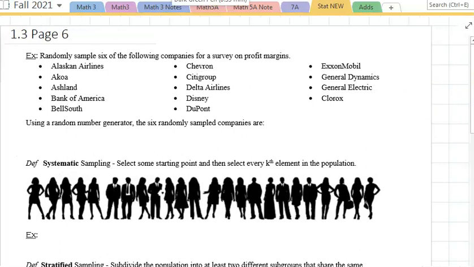Continuing on. So, example, randomly sample 6 of the following companies for a survey on profit margins. Well, what you want to do is this randomly.